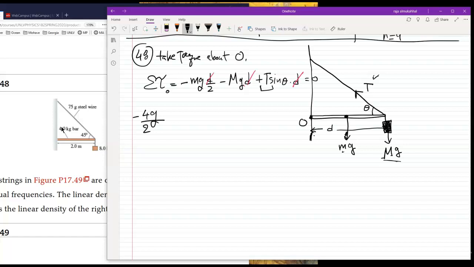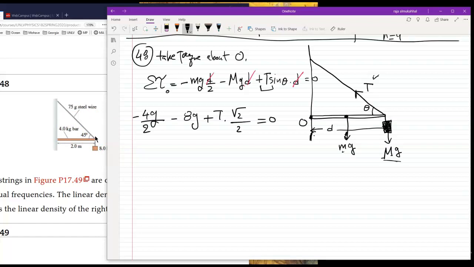Minus, and the mass is 8 kilograms for the big mass, so that's going to be 8g. And then plus T times sine 45. Remember, this is 45, and sine 45 is square root of 2 over 2, equals 0.